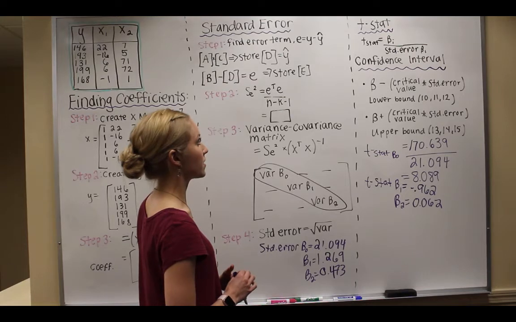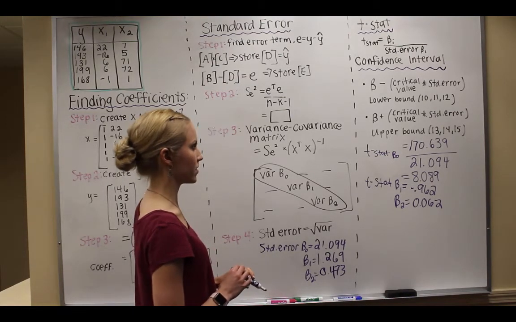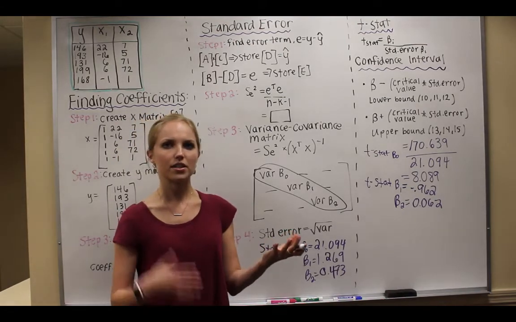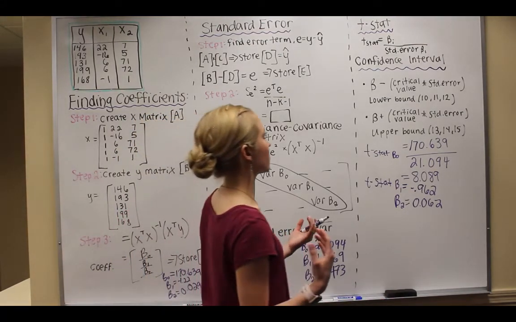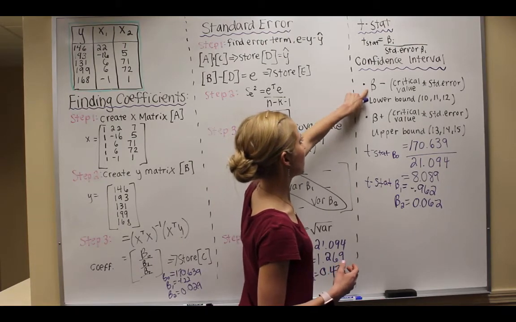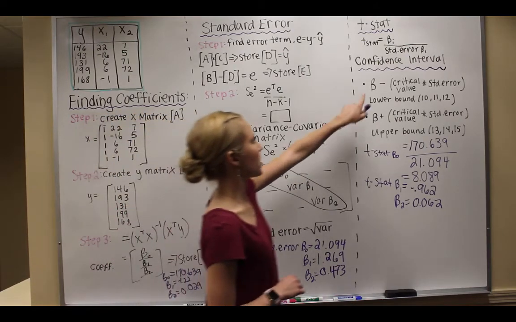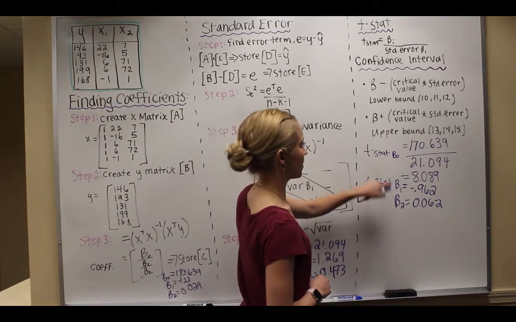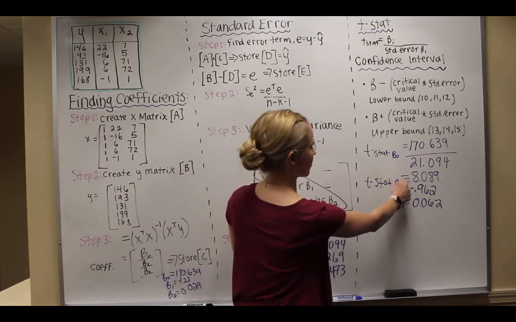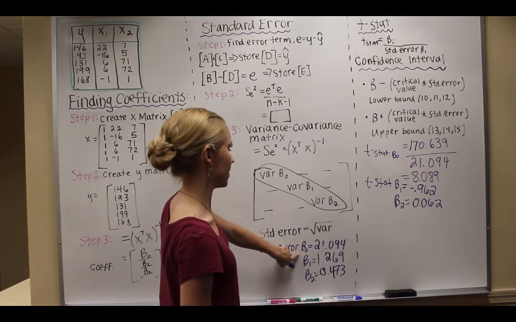And next we can calculate the confidence intervals. For the confidence interval, you have a lower bound and you have an upper bound. For the lower bound, you'll be using the beta coefficient value, which we calculated over here, subtracted by the product of this value that you calculated for your t-stat, multiplied by your standard error.